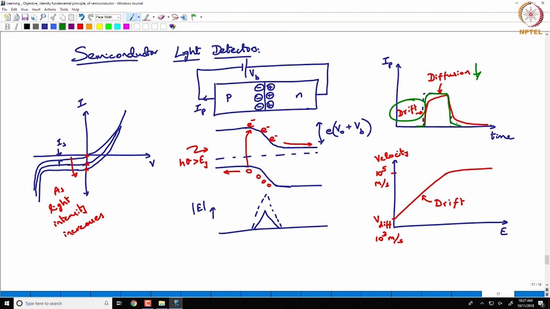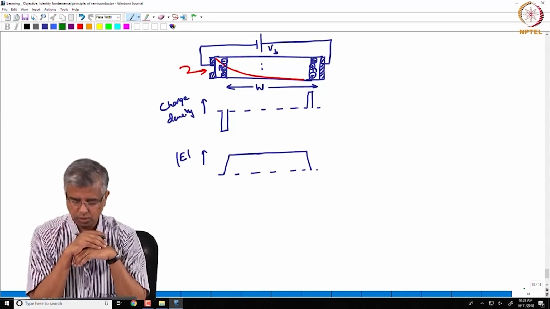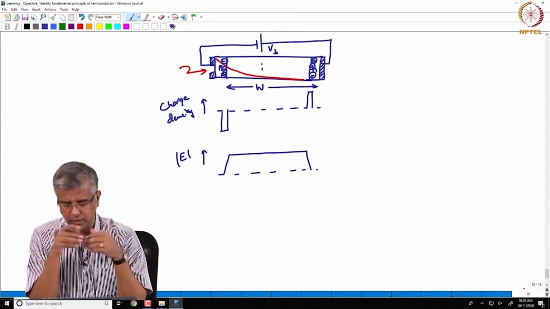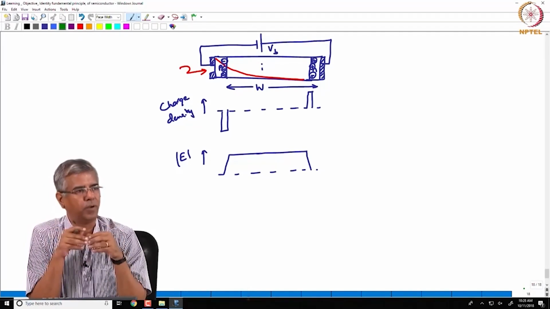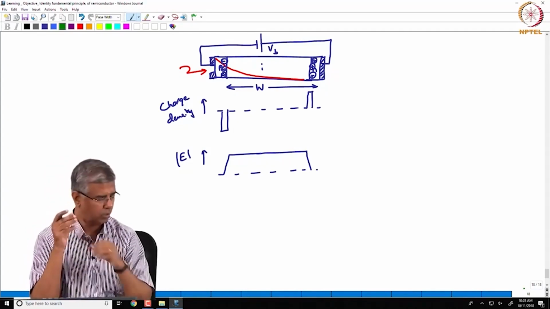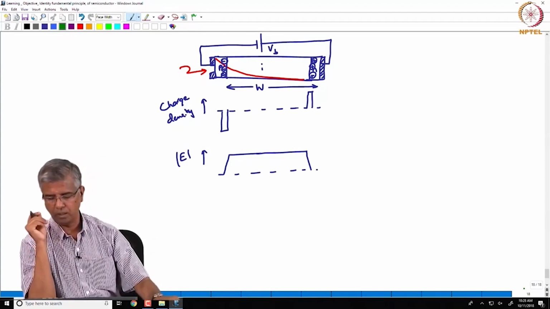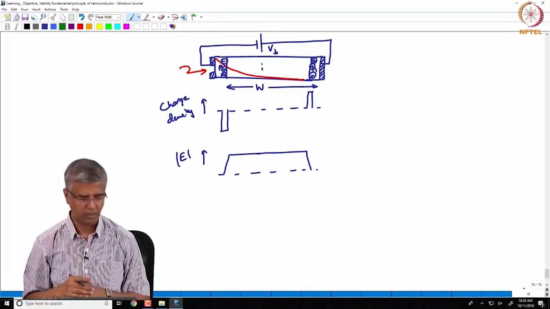So, this will be the response of a PIN structure, right. So, that is what we are talking about, and then of course, what we are also saying is that by changing the width of I, you can actually show how the power is getting absorbed across that structure.